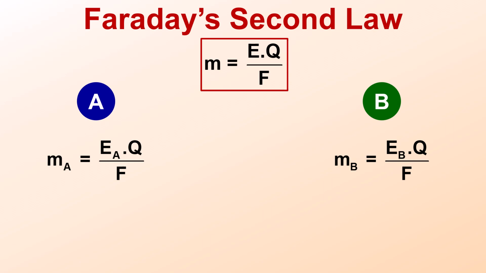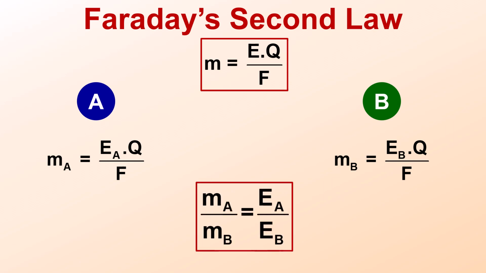Since Q and F are constants, the ratio of the masses Ma by Mb is equal to Ea by Eb. Thus, when the same amount of electricity is passed, the masses of substances deposited are proportional to their equivalent weights. This result leads us directly to Faraday's second law of electrolysis.